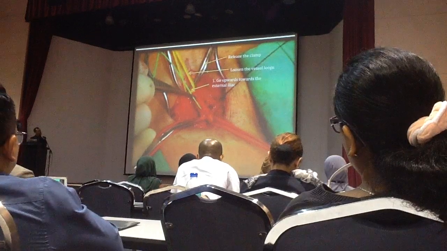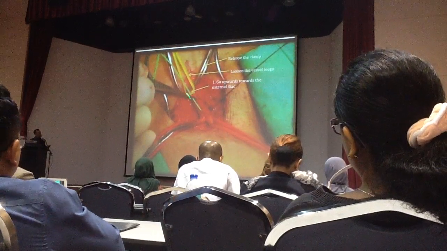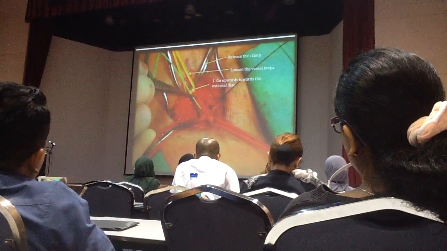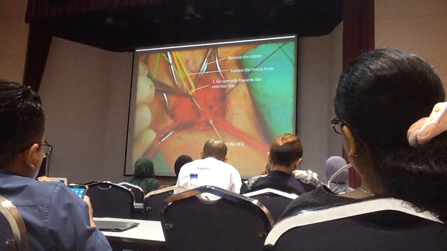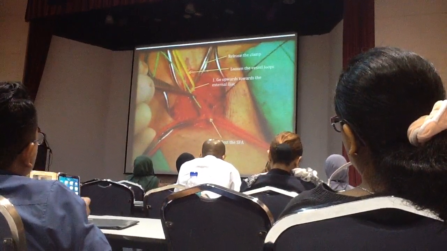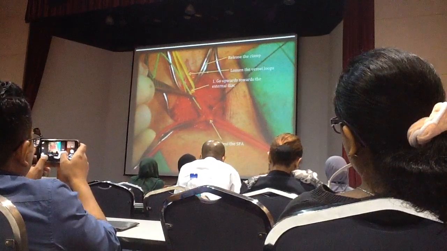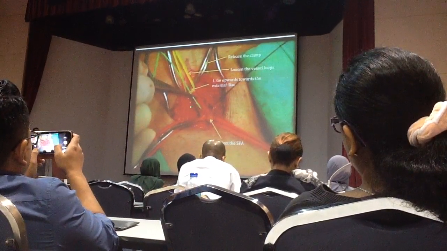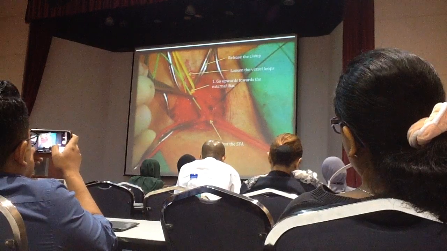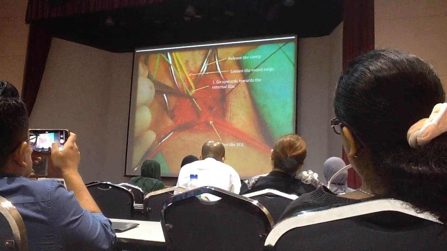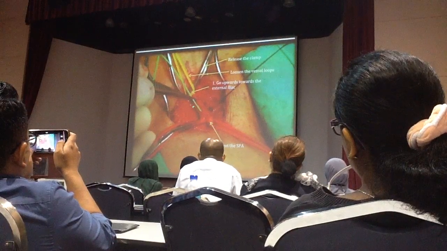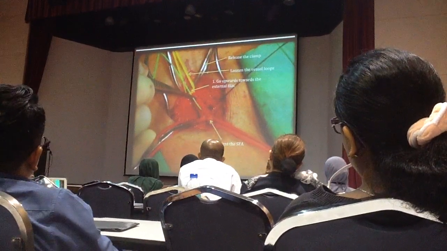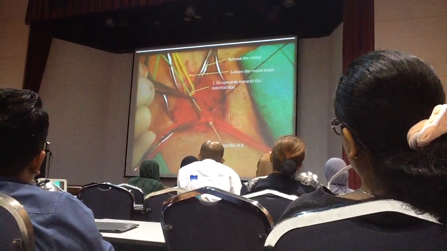Then once you finish with the inflow, you tighten back the vessel loop, release, put back the clamp, and you go to the SFA. In the same manner, you have to measure from the arteriotomy to the level of the ankle. Right? The aim here is to pass the catheter balloon smoothly to the level of the ankle.